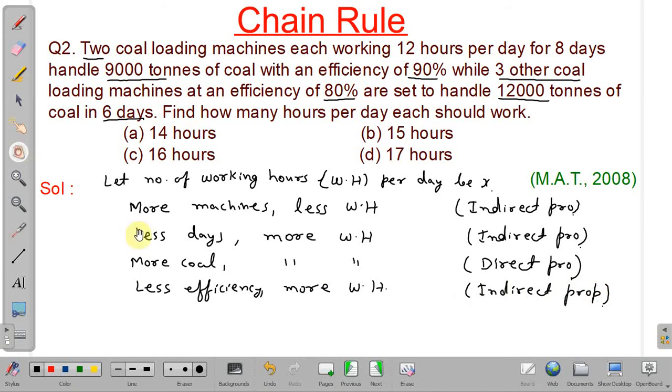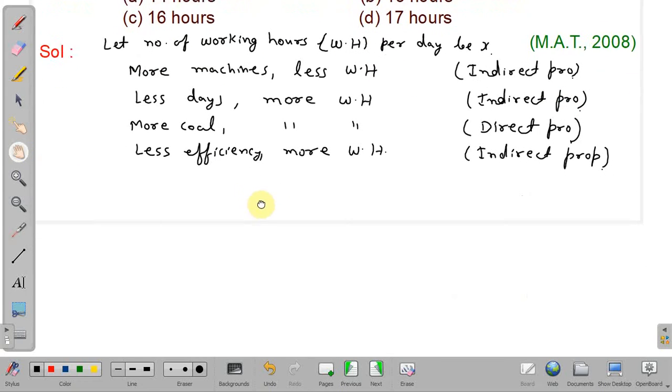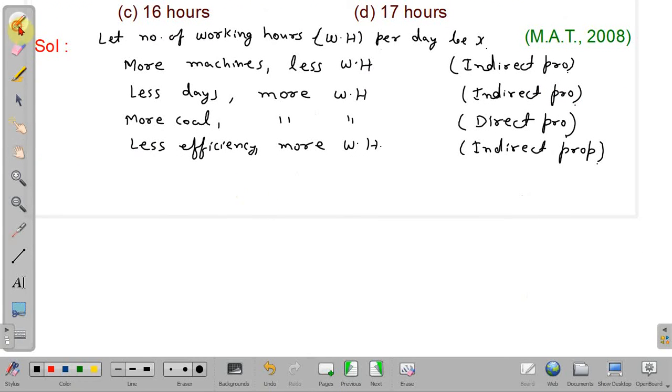Now we will write the relation in terms of proportion. So first one is machines, second one is number of days, third one is coal, and fourth one is efficiency.